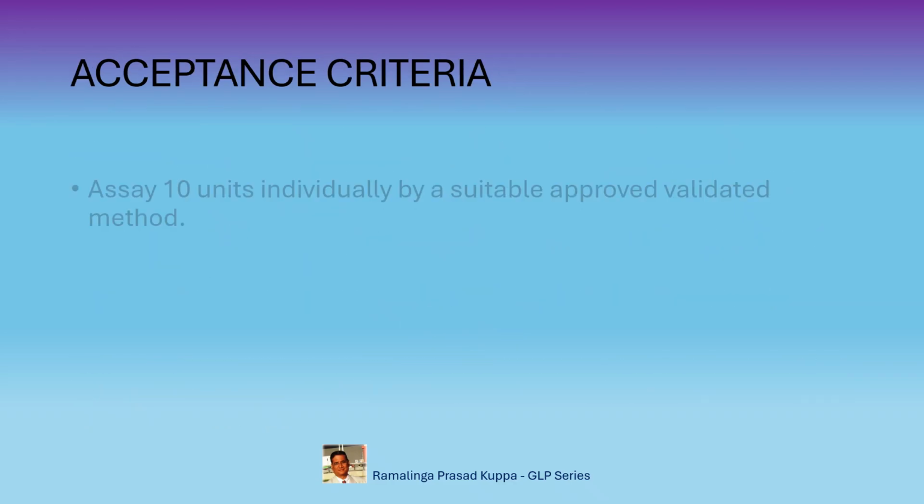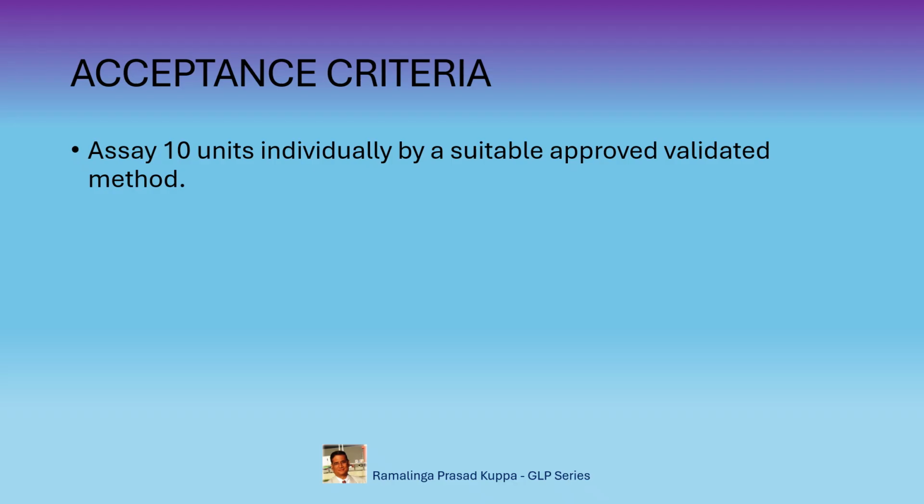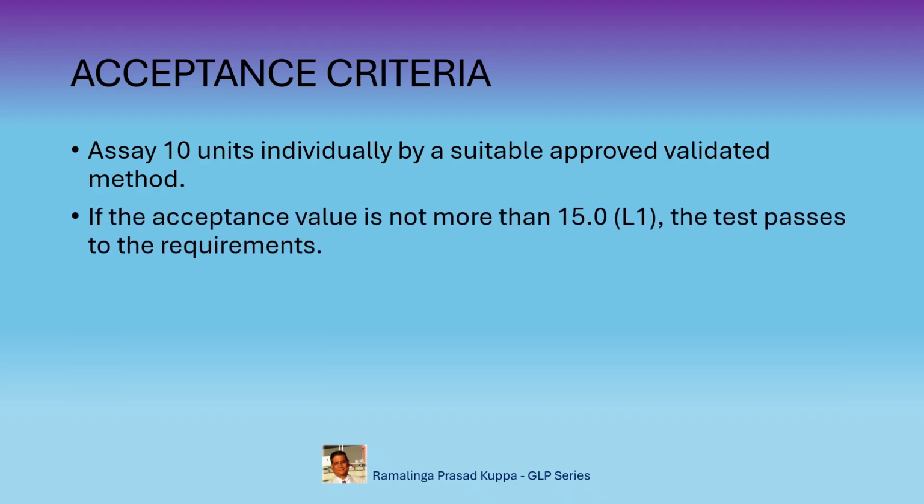Acceptance criteria: assay 10 units individually by a suitable approved validated method. If the acceptance value is not more than 15.0, that is L1, the test passes the requirement. Let us see the acceptance criteria for content uniformity.